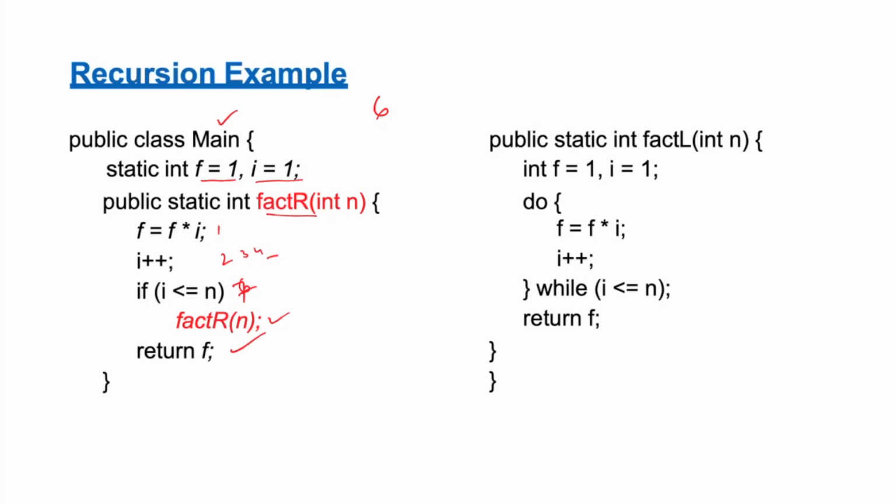For 1 it will be calling this one, for 2, 3, 4, 5, 6 it will be calling. But when 7 comes, this condition fails, so this will not be executed and it will come to the final return, and the f value will be returned.